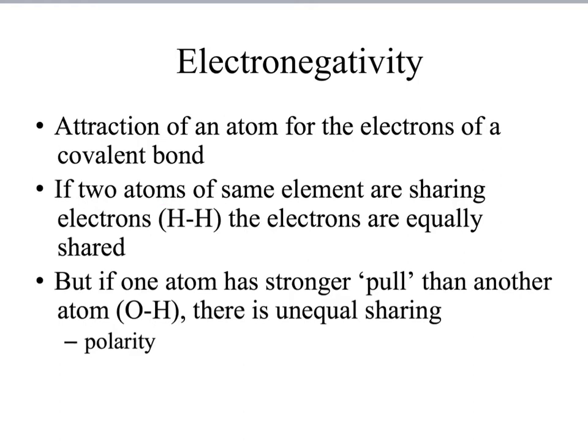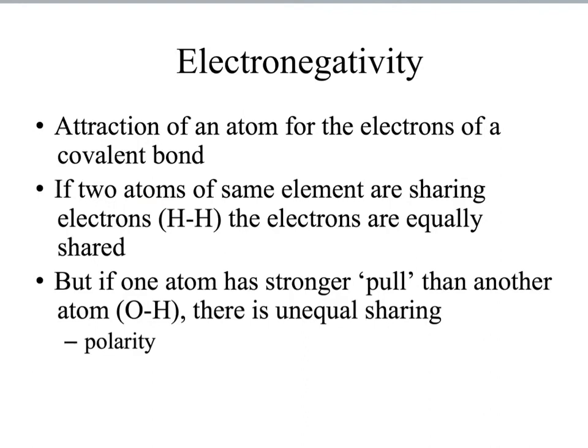Again, electronegativity is the attraction of an atom for the electrons of a covalent bond. If two atoms of the same element are sharing electrons, for example hydrogen and hydrogen, those electrons are equally shared. But if one atom has a stronger, quote-unquote, pull than another atom, like oxygen, then there's unequal sharing. We call that polarity.